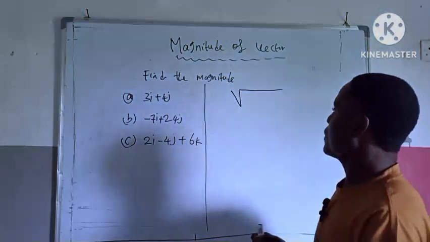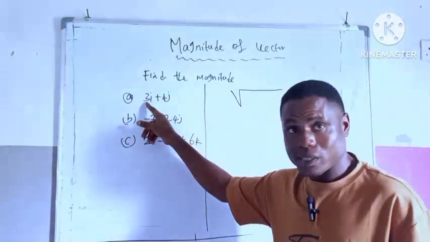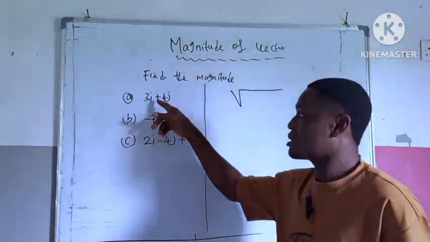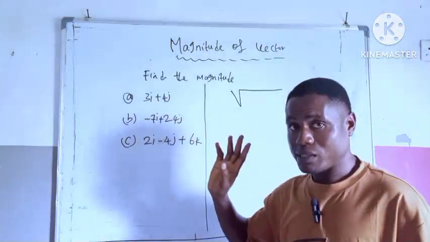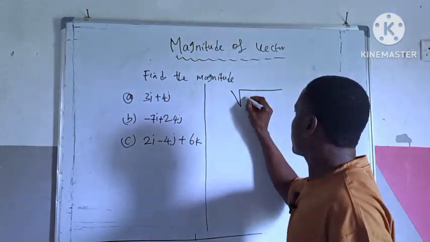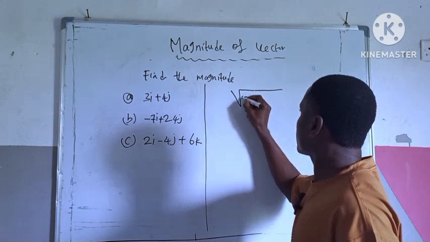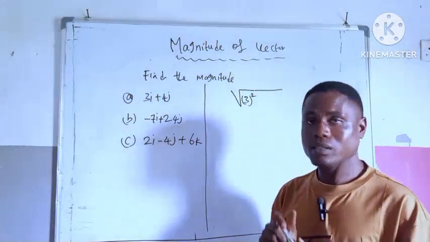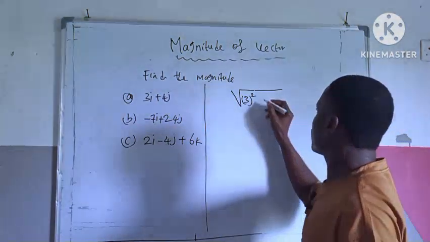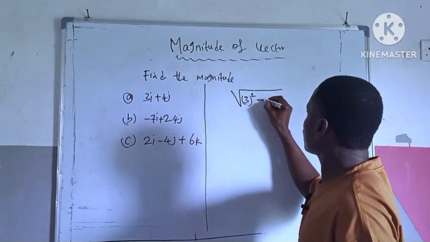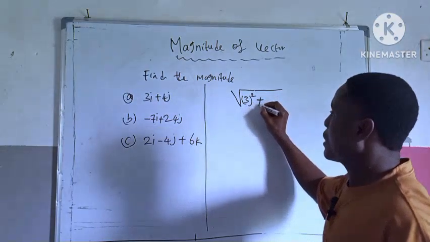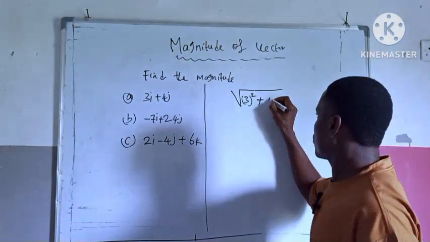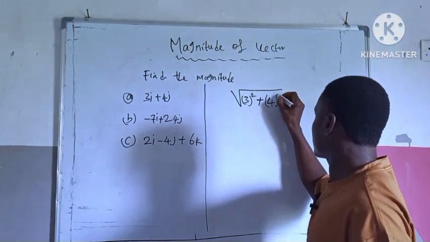Then the first number is what? Is 3, right? Don't add the alphabet. Then the square, which is to power 2. So then don't forget the addition. Then the next number is what? Is 4. Then the square.